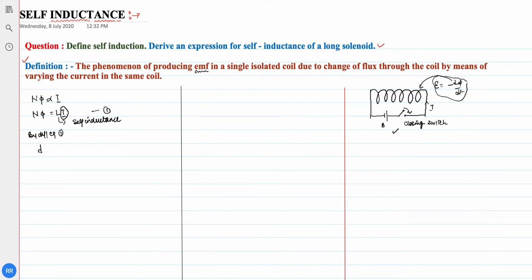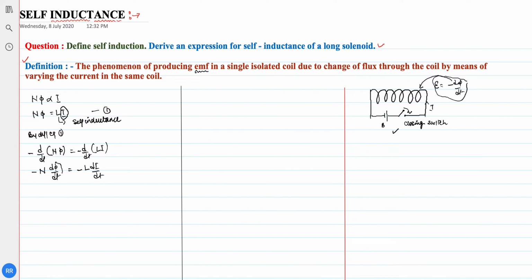So d upon dt of n times phi is equal to d upon dt of L I, right? Multiply with this negative sign from here. So take n outside: minus n times d phi upon dt is equal to minus L times di upon dt.